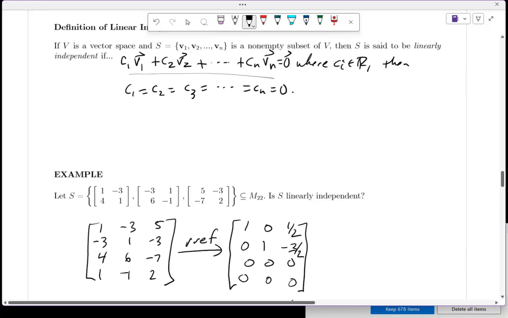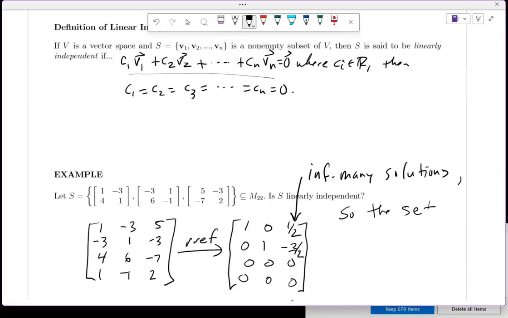So is there exactly one way to write the zero vector? No. There are infinitely many ways to write the zero vector, right? So this here tells us that we have infinitely many solutions. So the set is not linearly independent.